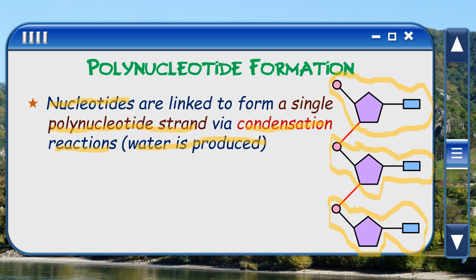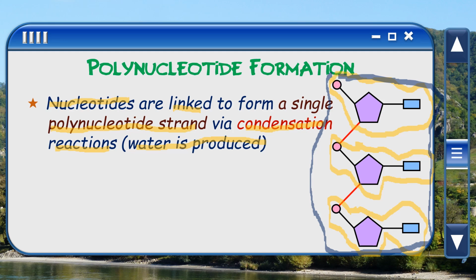So the nucleotides are going to be linked to form a single polynucleotide. The whole of this, when it is joined together, is what we are referring to as a single polynucleotide. Now, we say it is formed via condensation reaction.